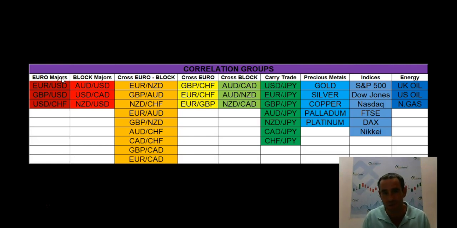And when you combine these two groups with all the possible combinations you can have, you find this particular group, the Cross Euro Block. And I wanted to single out this particular group because I feel it's hot right now. This is very fresh, by the way.